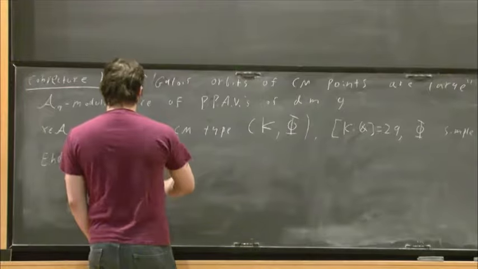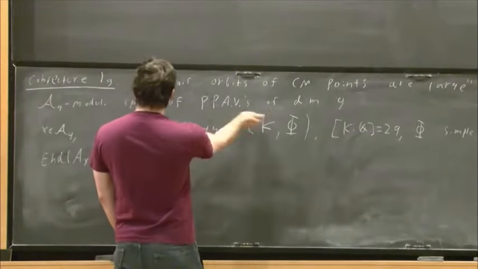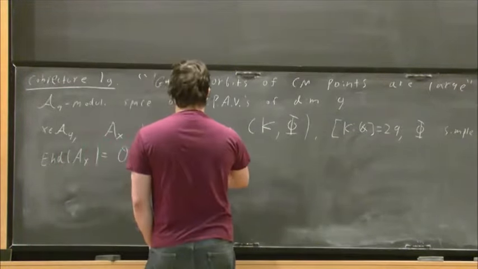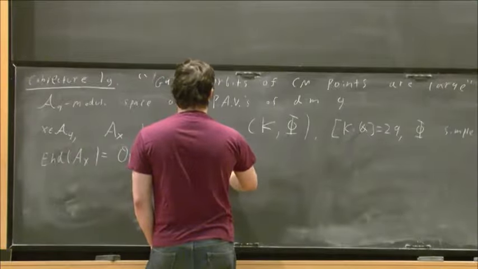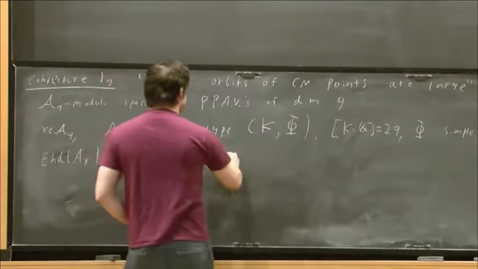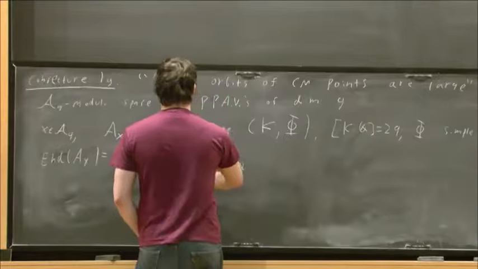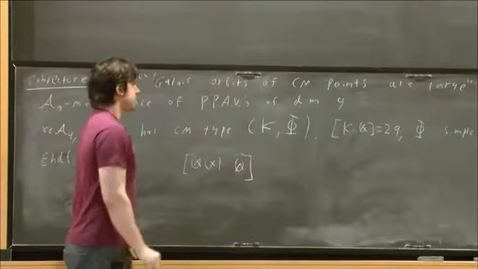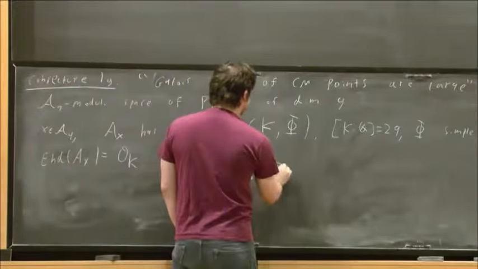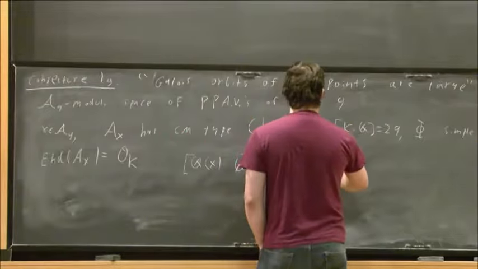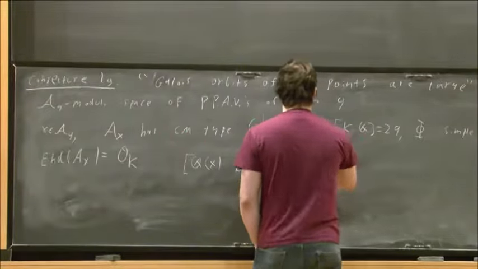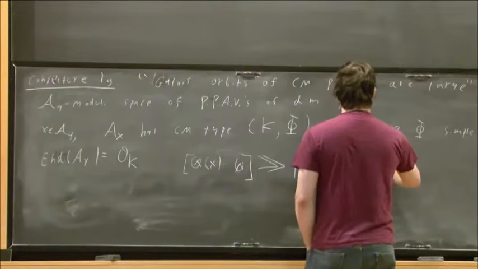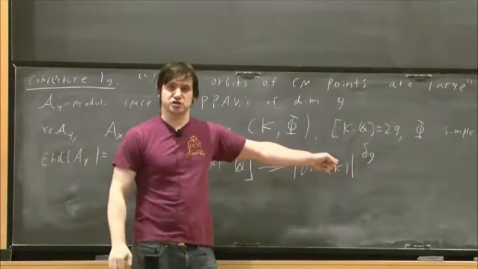Then the conjecture is that if you look at the Galois orbit of this point x, the degree of the field of definition of x over Q grows at least as fast as some constant times the discriminant of K to the power of some positive number that depends only on g.